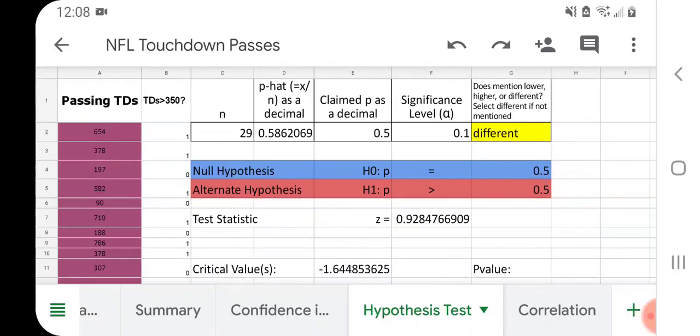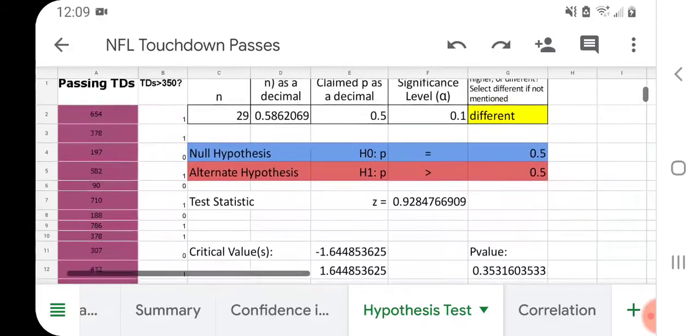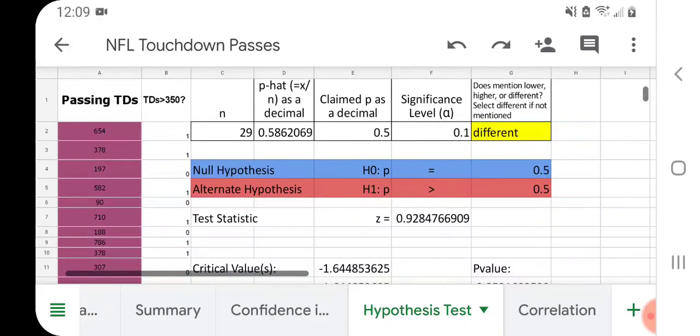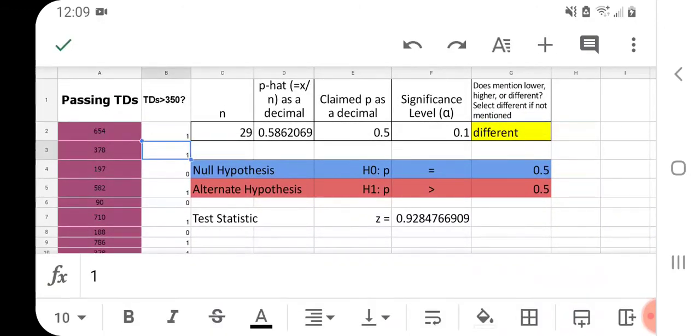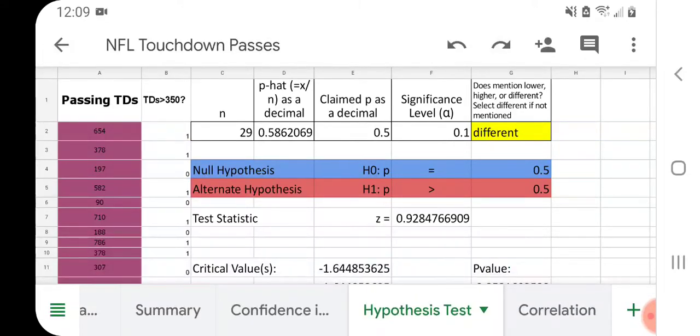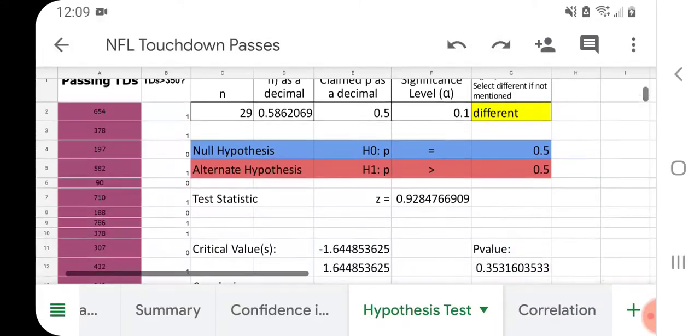So for the hypothesis test slide, I just had to come up with one on my own. I just made one up randomly. The one I came up with was that in over half of the NFL seasons, so 50%, more than 350 touchdowns were thrown. You can see there, and then I have the data right here. I just used this column. If it was over 350, I put a 1, and if not, it was a 0.